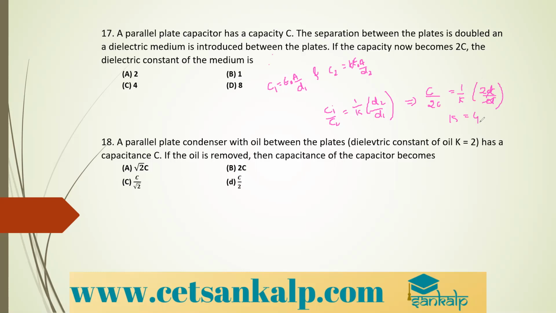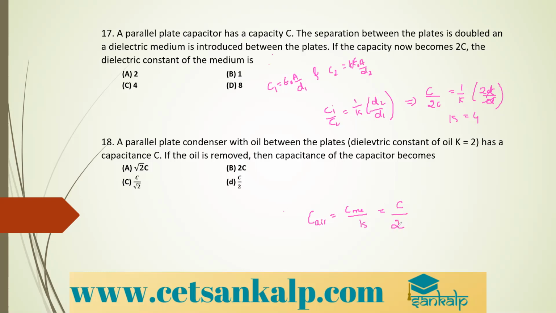Next question. A parallel plate condenser with oil between the plates, having a dielectric constant of 2, has a capacitance C. If the oil is removed, then the capacitance of the capacitor becomes? So we know the relation between the capacitance in air and the capacitance in medium: C air is equal to C medium divided by K. So C medium is C itself, divided by K value 2.